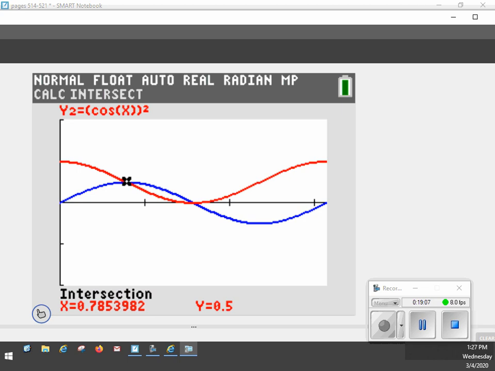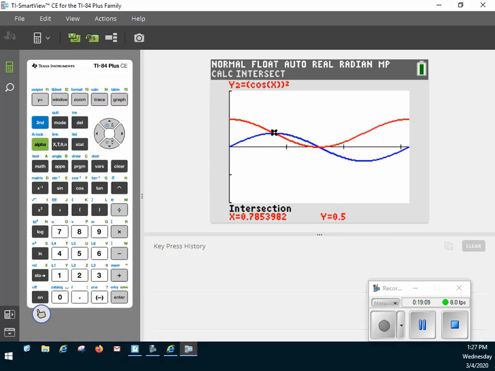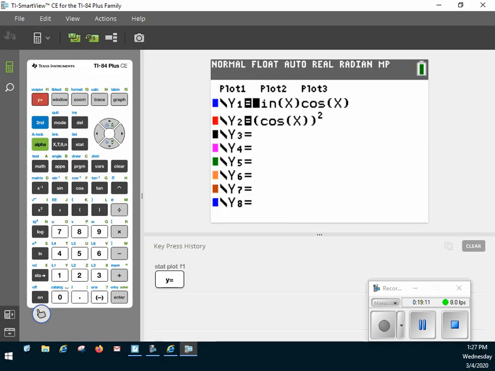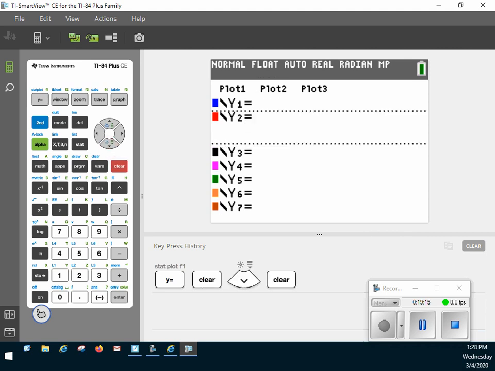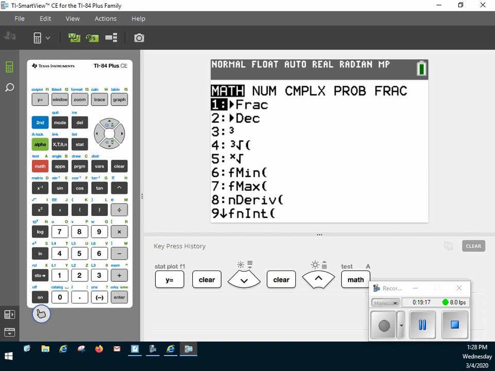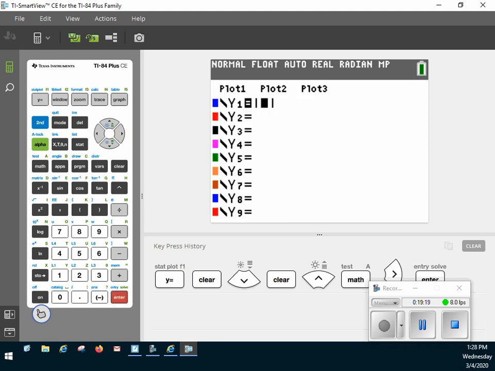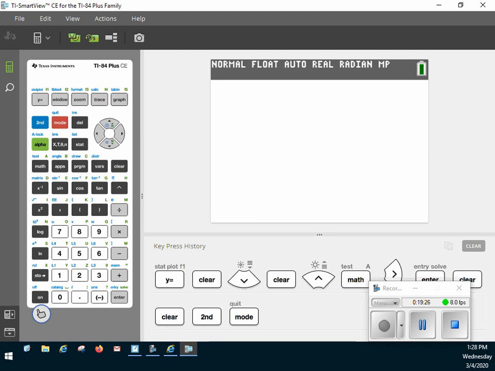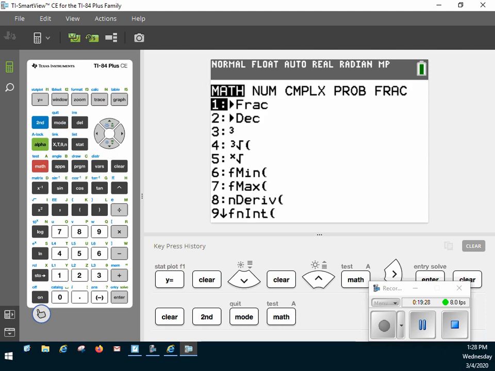Now, where's the rest of my calculator? Math. Absolute math. Math.